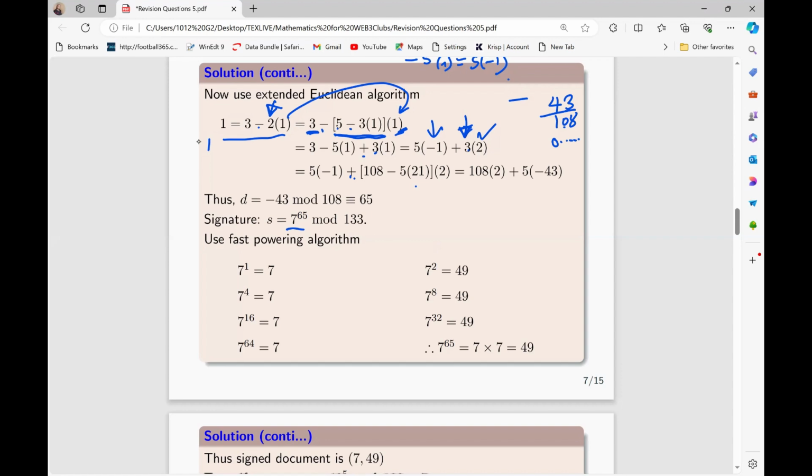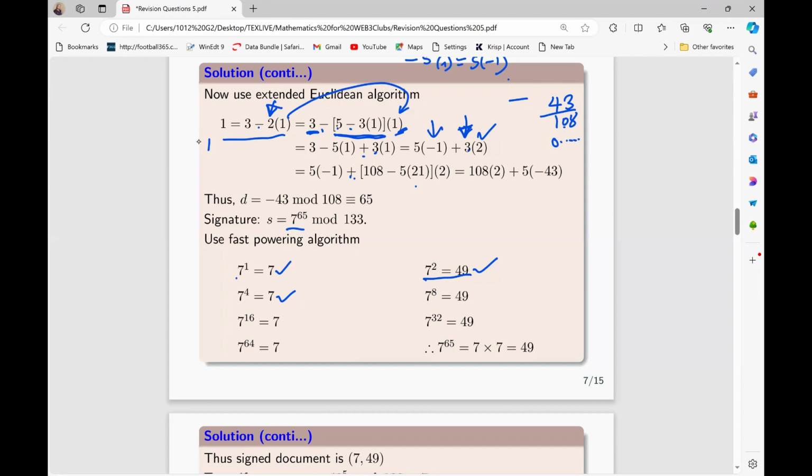And then we use the extended Euclid's algorithm. 7 raised to 1 is 7. 7 raised to 2 is that. And then square this to get the next. So the next is 7 raised to 4. I arrange them that way just because of space.